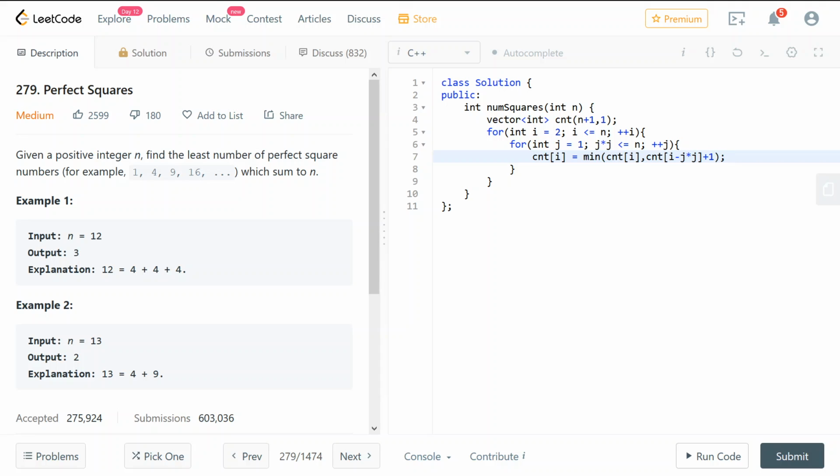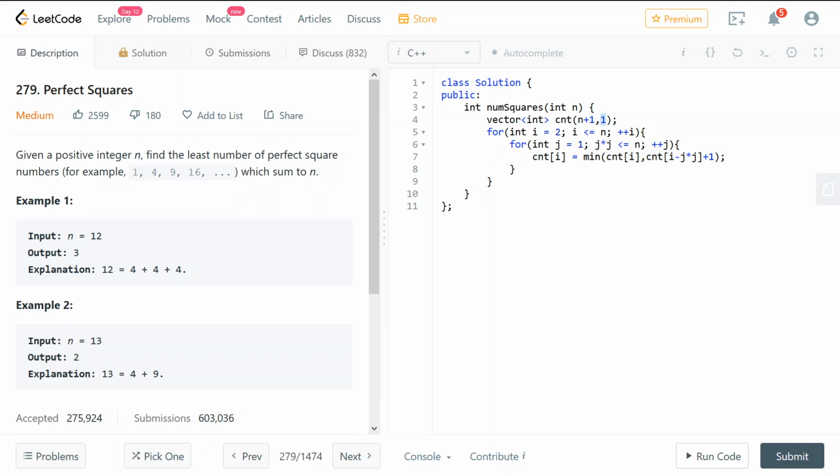Because we have one square, and here we know the number of square numbers for i minus j times j. And we need one additional square number, that's the one which has j times j as a part of the decomposition into perfect square numbers. So here we always take the min.